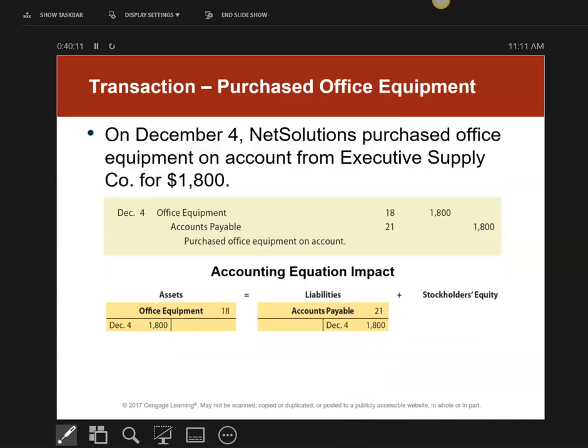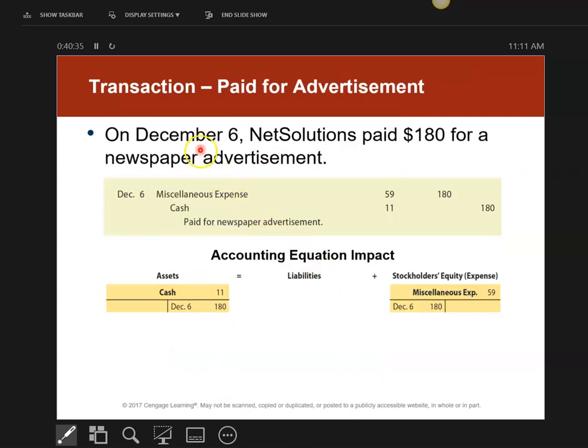Okay, next transaction. We purchase office equipment. I buy it on account for $1,800. Do I pay cash? No. No money involved. So I'm going to increase my office equipment, and I'm going to increase my accounts payable. Next transaction, December 6th.